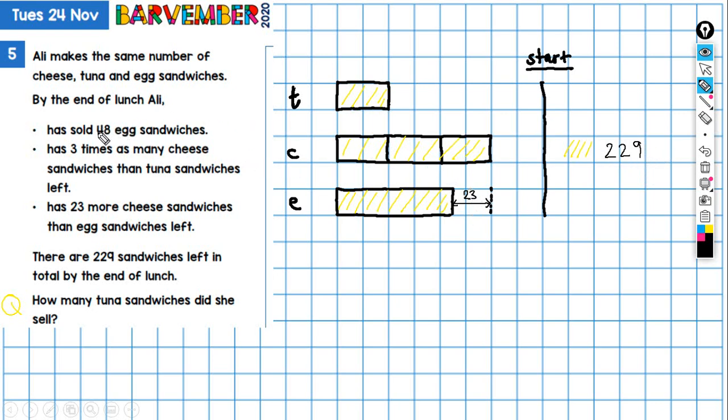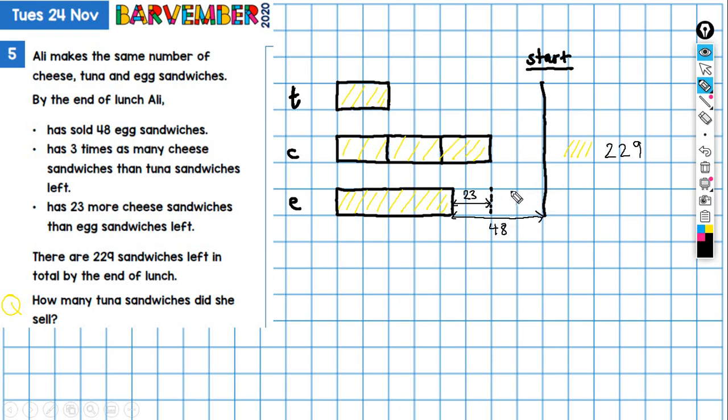Have I put in all the information yet? No, not quite, because I also know that by the end of lunch, Ali sold 48 egg sandwiches. So I can put some information here. This is the egg sandwiches, and this is the line for what's been left. So this must be 48, how many egg sandwiches were sold.